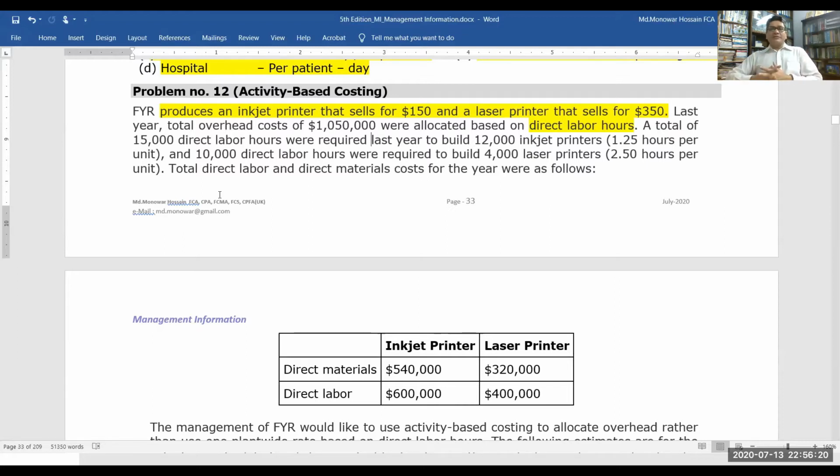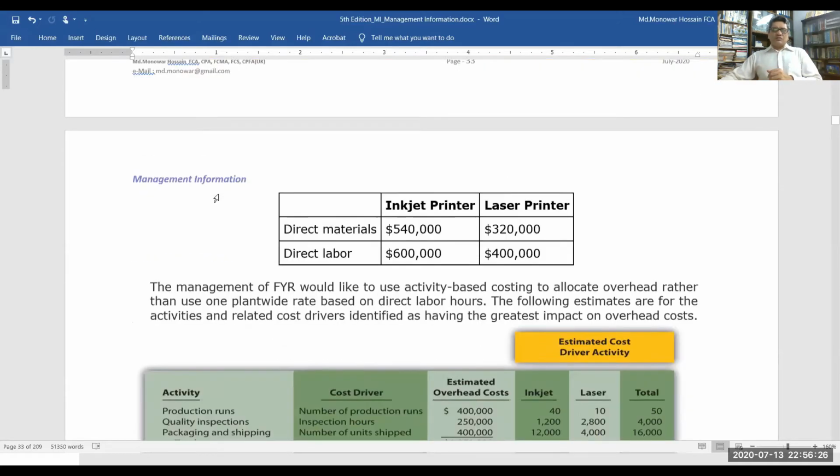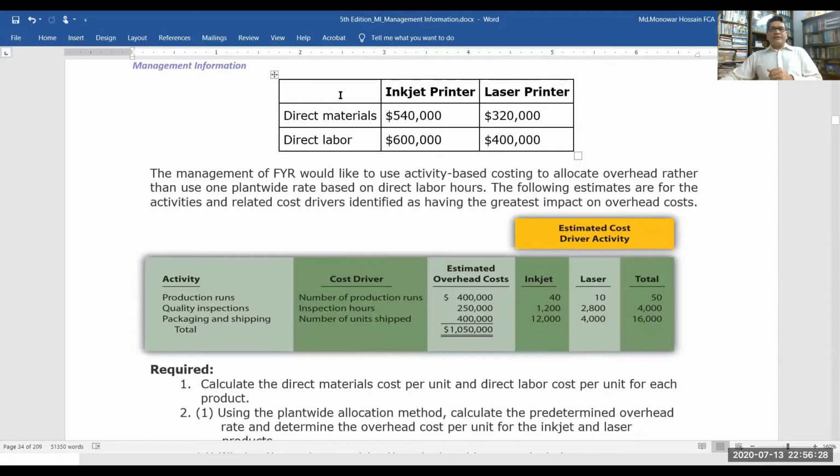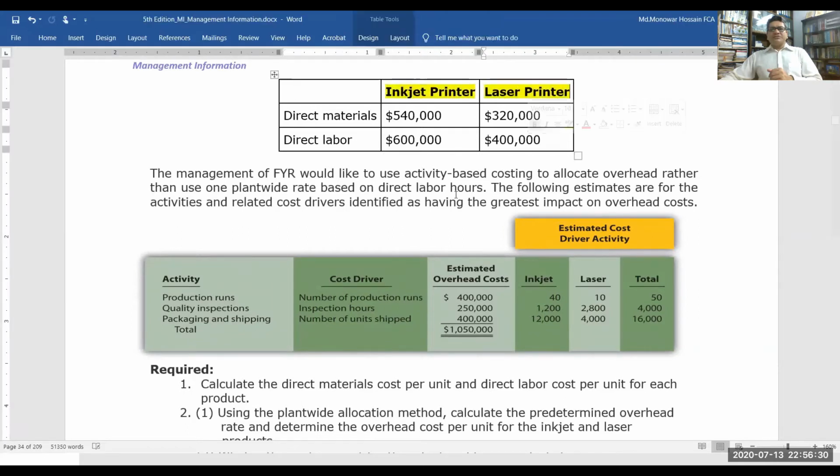Total direct labor and direct materials cost for the year were as follows. Look here. So here two printers, inkjet printer and laser printer. A direct material of 5,40,000 for inkjet and 3,20,000 for laser, and a direct labor of 6 lakh for inkjet and 4 lakh for laser.